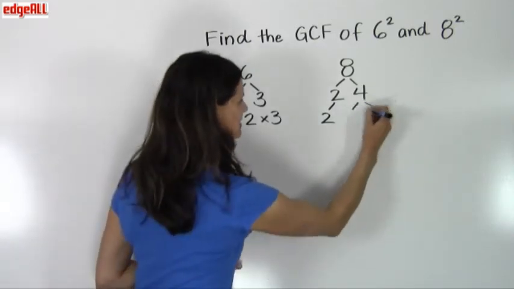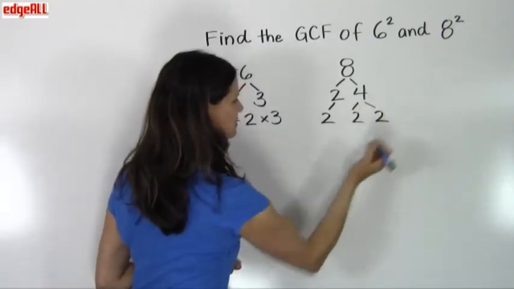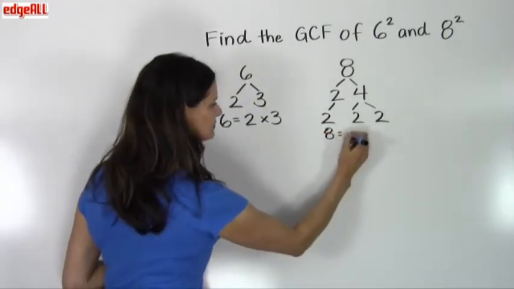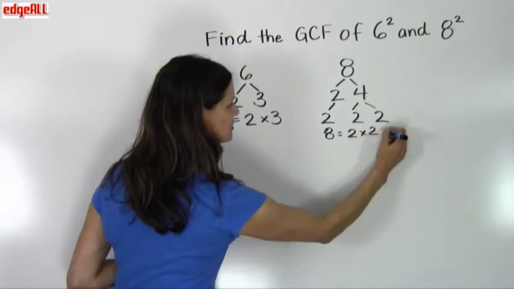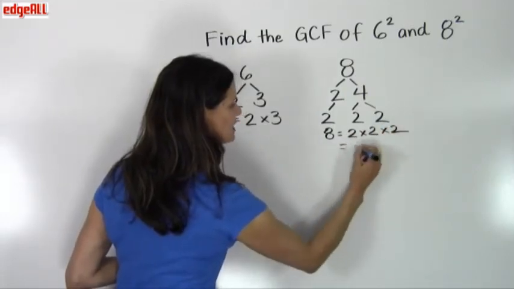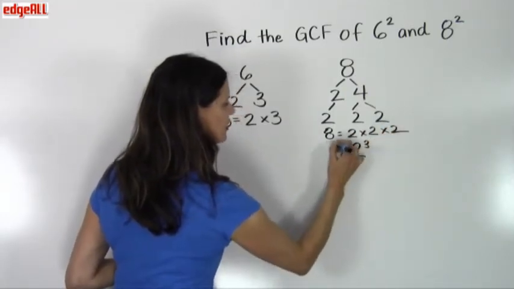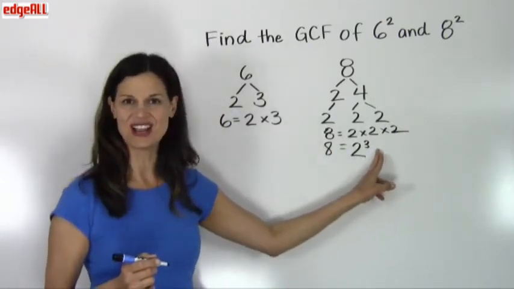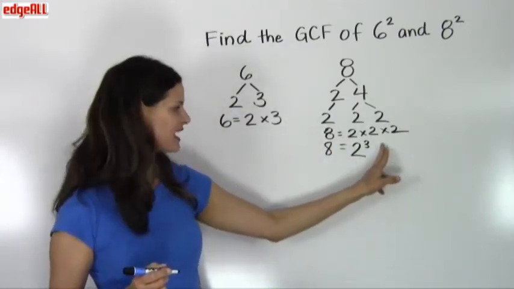So 8 equals 2 times 2 times 2, which equals 2 to the third power, or 2 cubed, or 2 to the power 3.